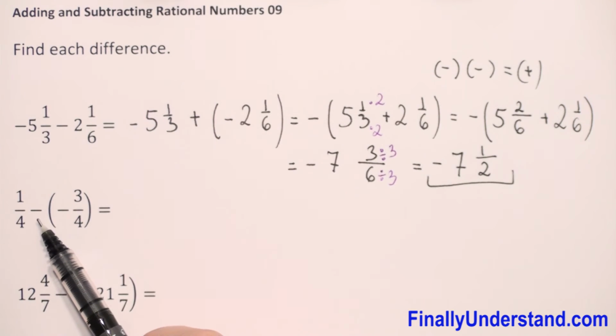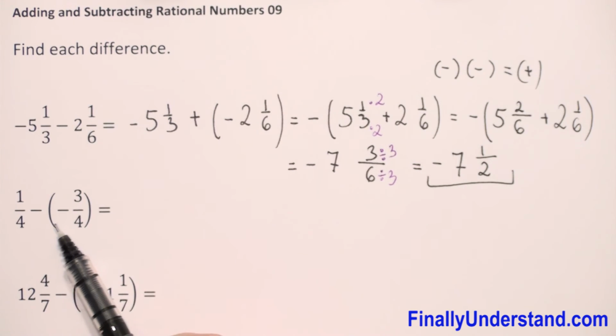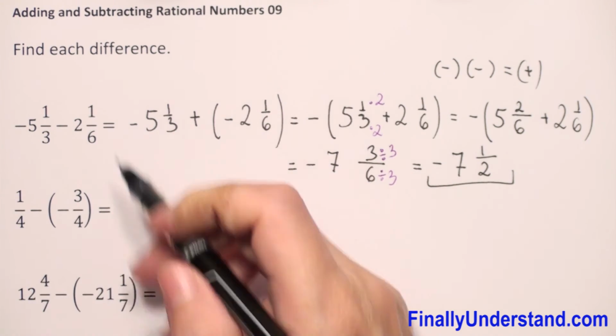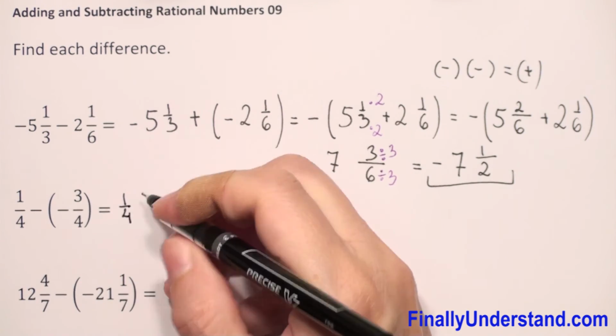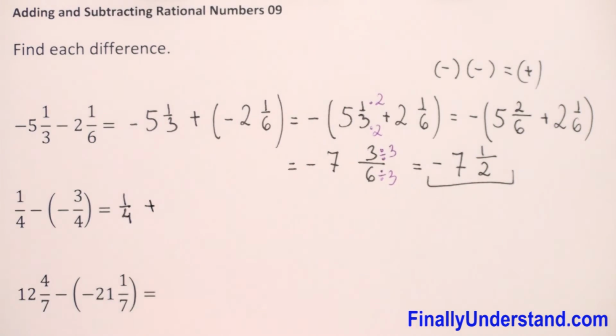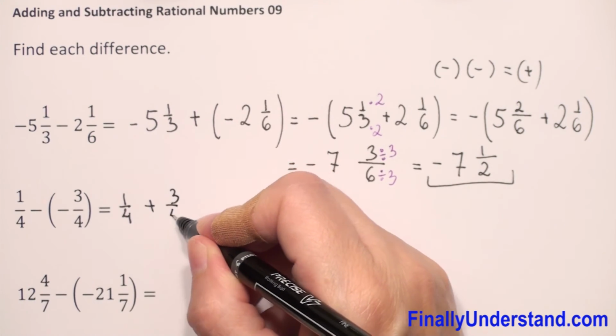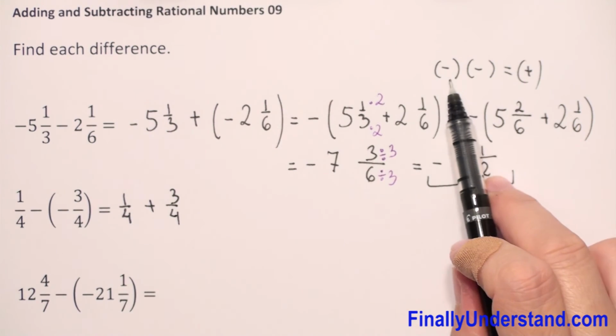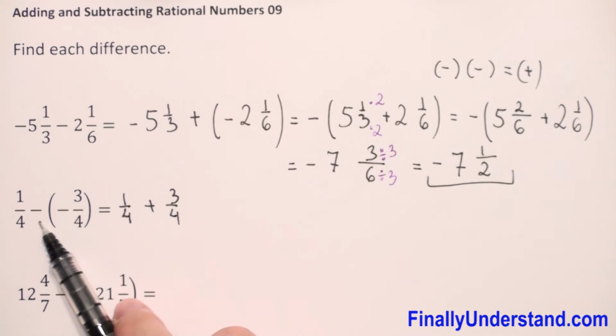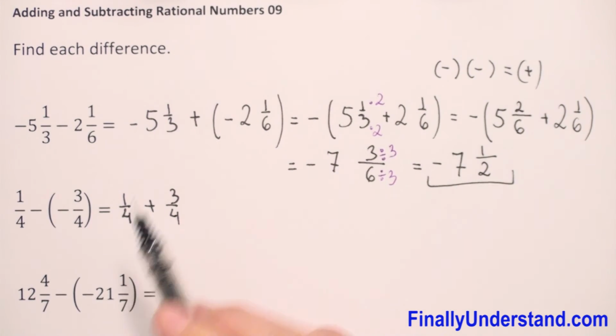So we change subtraction to addition of the opposite number. The opposite of negative 3 over 4 is 3 over 4. So the first fraction we copy, the negative sign we change to positive. Or you memorize this, negative and negative is positive. So two negative signs give you positive.